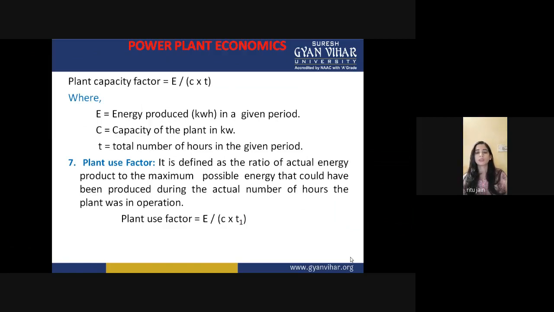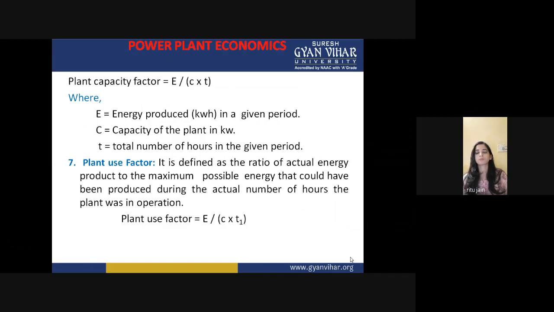So basically, let us define these three particular words in a different way. Plant means which is producing your electricity, in technical terms, what its capacity is, how much electricity it can generate. So energy produced in kilowatt hour is divided by capacity of the plant in kilowatt into total number of hours.